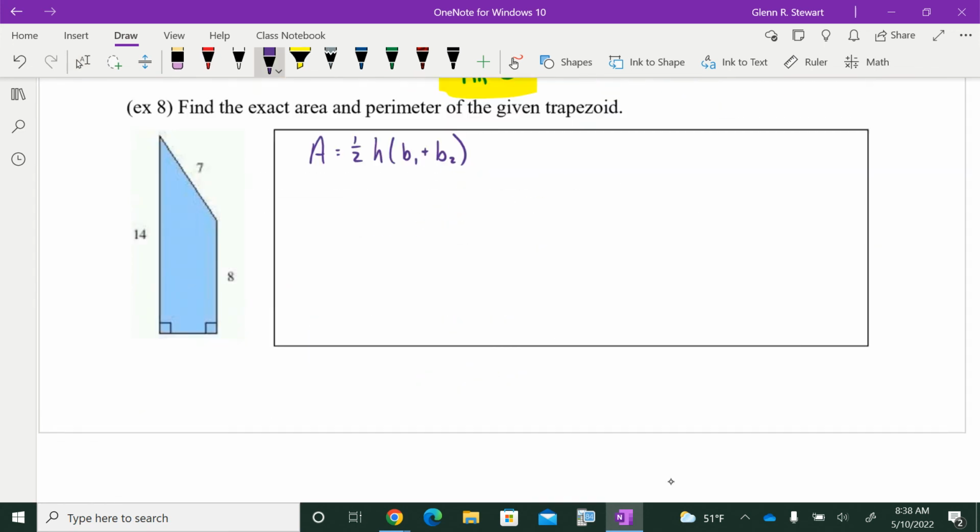Sorry about that. I don't know what's going on with my thing. I've got to try and find that out. So if I know this whole thing is 14, then this part's got to be 8, and this part has to be 6. So knowing this now, how could I find that missing side?